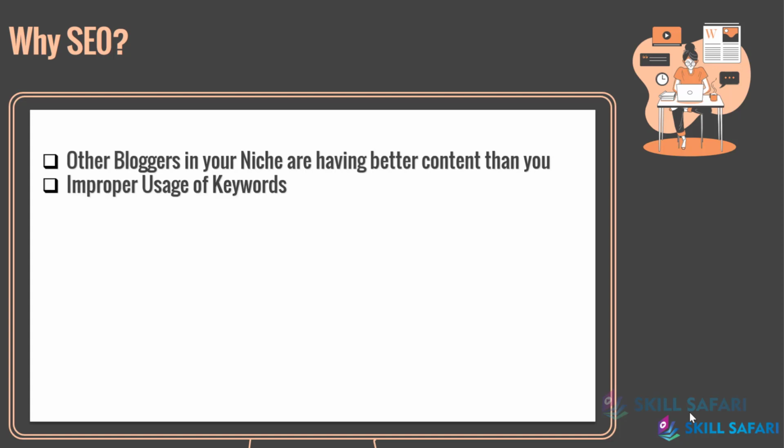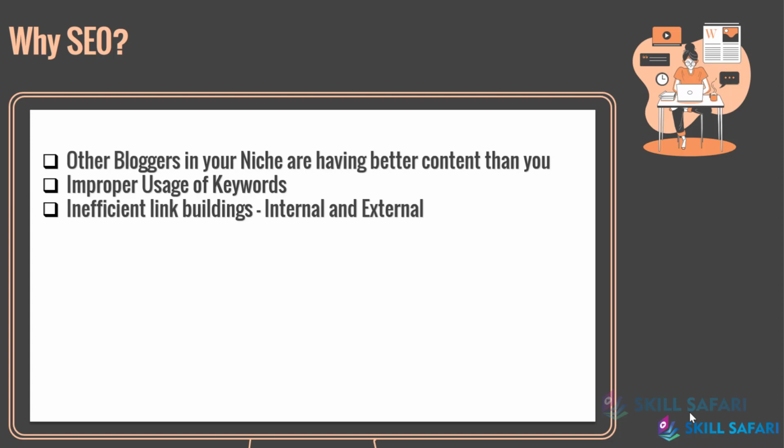And we haven't used keywords properly. For example, our basic keyword here is science experiments for kids. The content on our web page does not properly use keywords like science experiments for kids or students. That is one more reason why the site is not listed in the Google results.